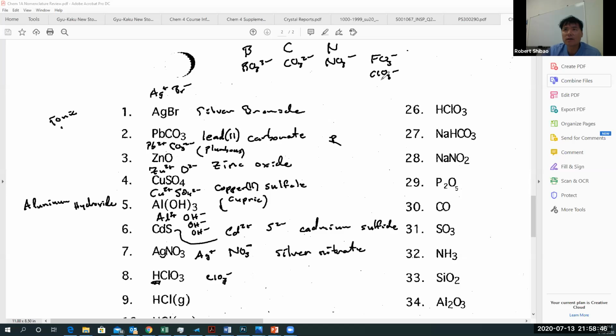ClO3-, so it's a 3 oxygen one, and so this is chlorate. If this is chlorate, what is the name of the acid? Yeah, chloric acid. That's correct. And so this is chloric acid.